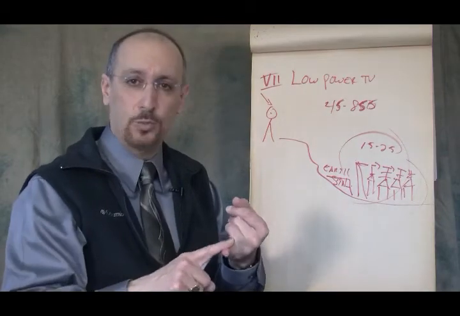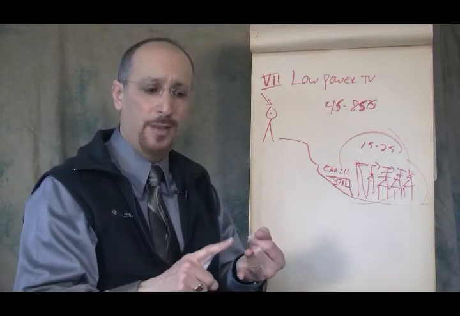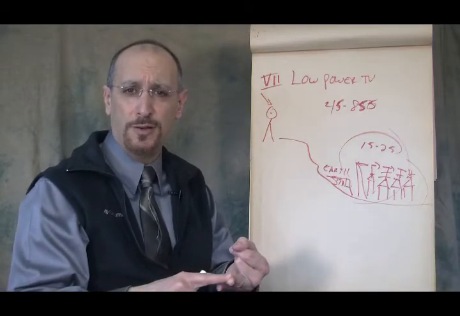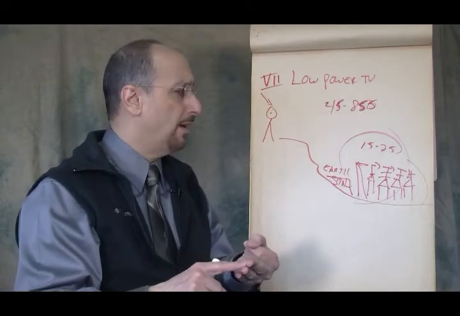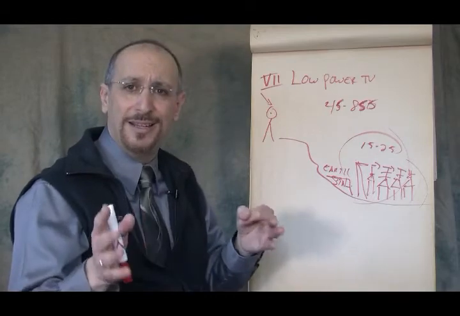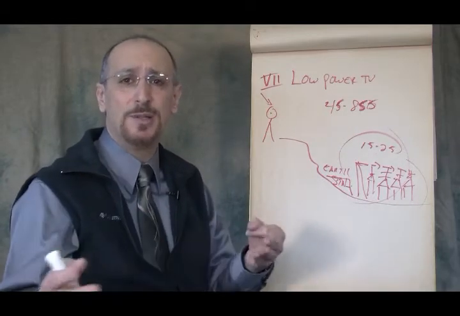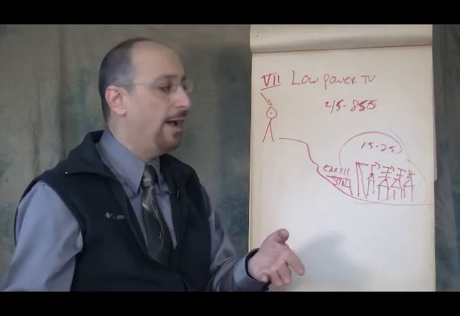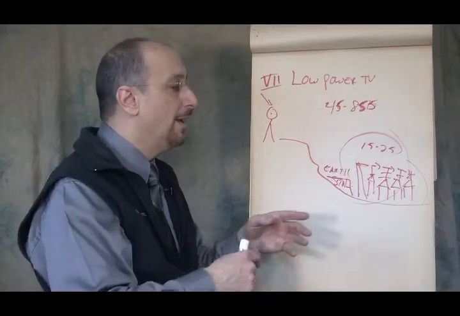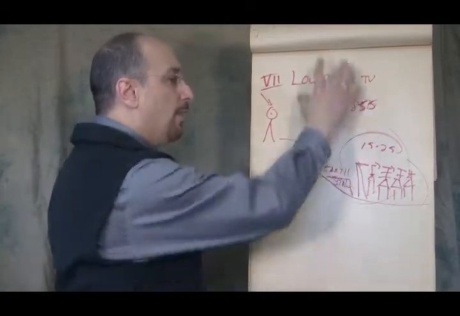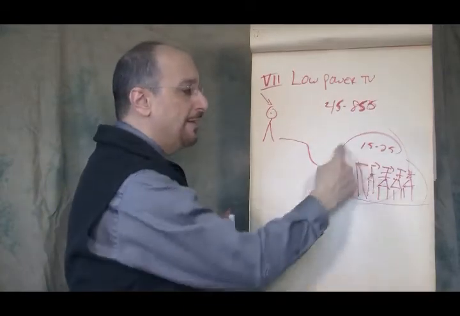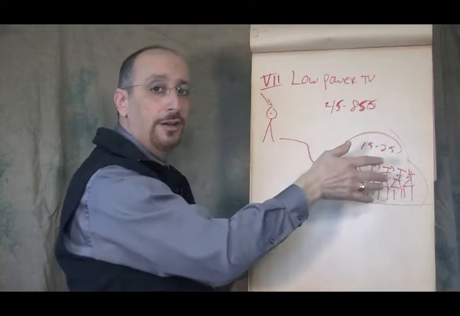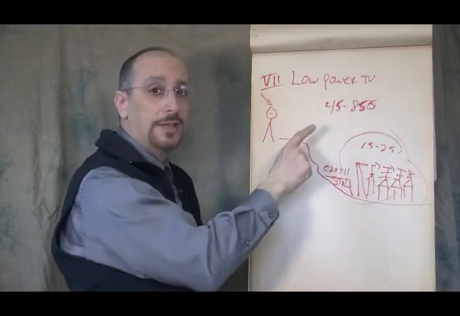For example, when garbage collection is going to happen, when the streets are going to be closed for certain functions, or any other activity, advertisements for the local drugstore or dry cleaning shop, which had nothing to do with any other town. It only had to do with this town. And so there were various towns doing this. But the signal range is only a 15 to 25 mile area, so it doesn't interfere with the other towns. That's the idea.